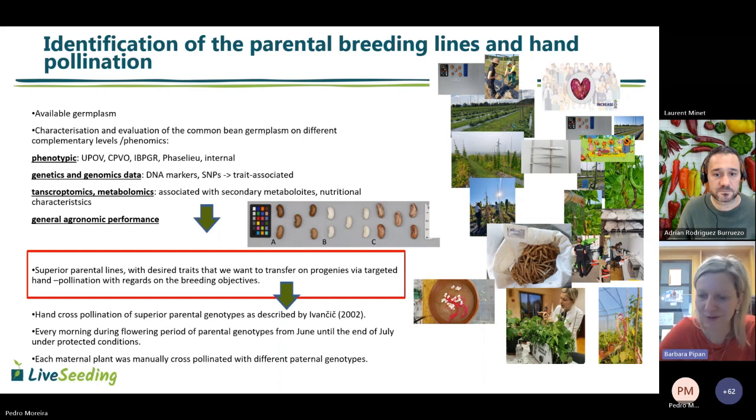So it's a kind of procedure. And then when we do these hand pollinations, we are hoping that we were successful and that we will develop viable seeds at the end of the growing season for the F1 generation.